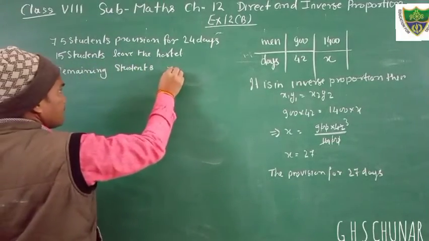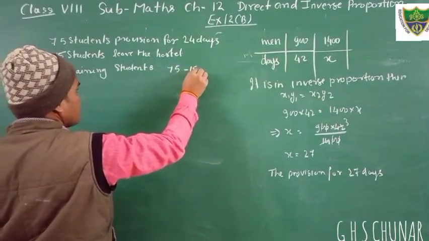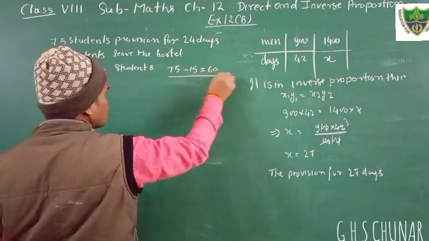That is 75 minus 50, that is 25 students.